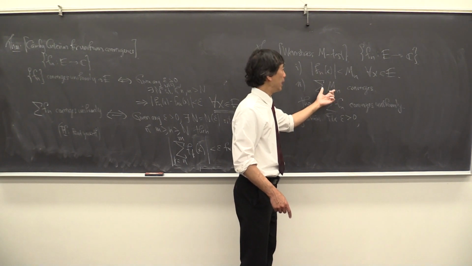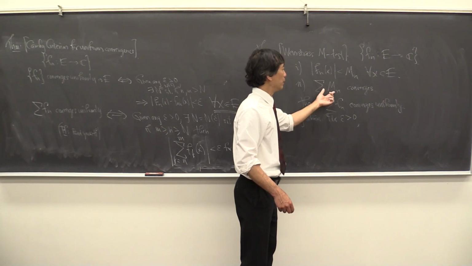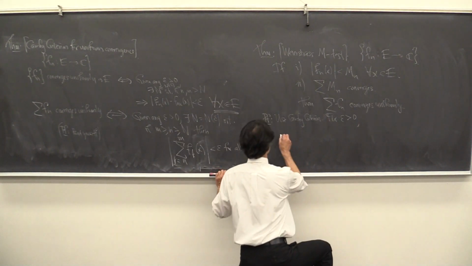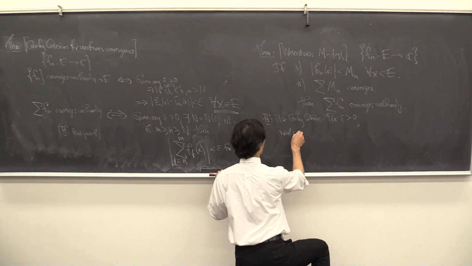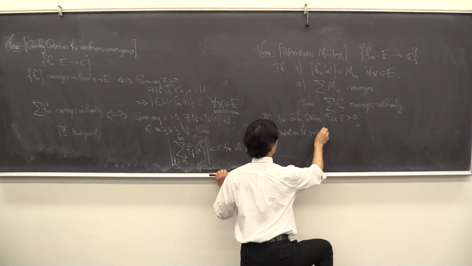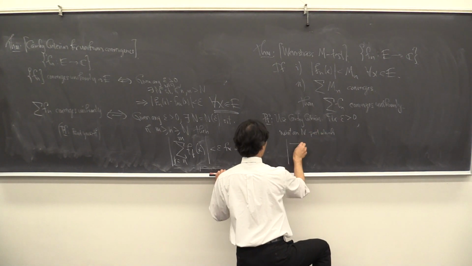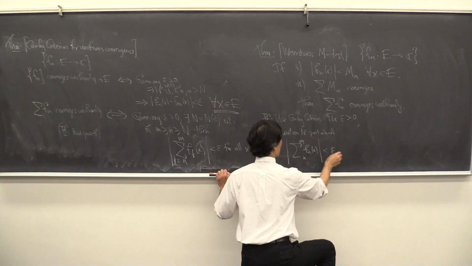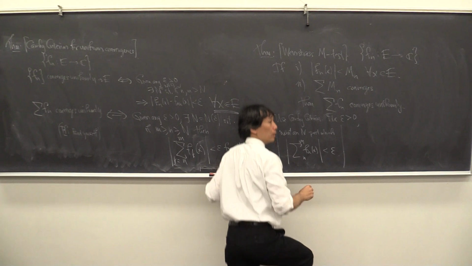How do we find an n past which this thing is smaller than epsilon? That's our goal.